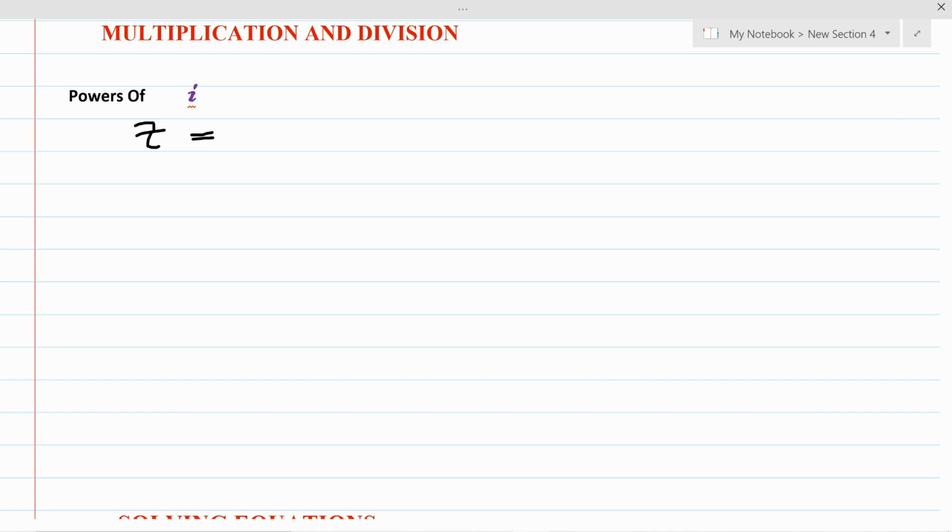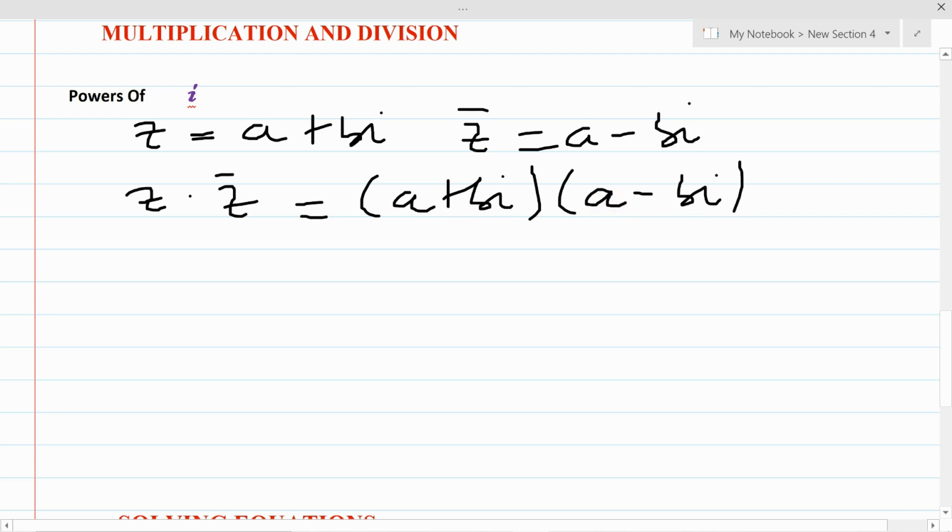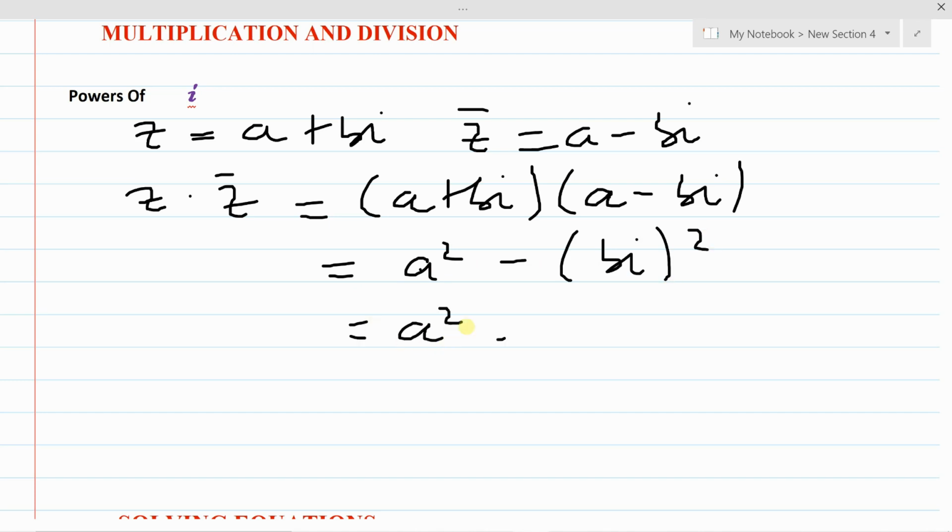Okay, let's quickly go through this. If I have a complex number a plus bi and its conjugate being a minus bi, then z times z bar is a plus bi times a minus bi. This is a difference of two squares, so this becomes a squared minus bi all squared, and so this will give us a squared minus b squared i squared.